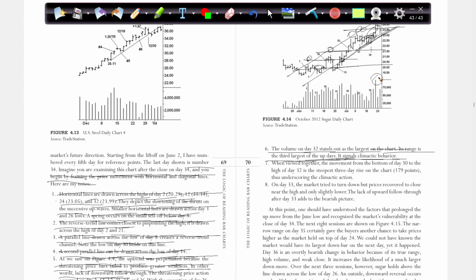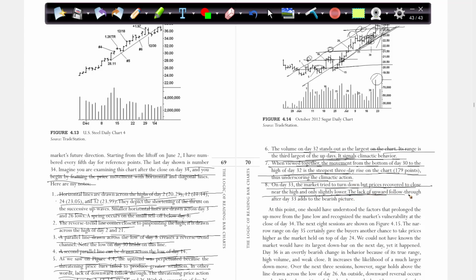When viewed together, the movement from the bottom of day 30 to the high of day 32 is the steepest 3-day rise on the chart, 179 points, thus underscoring the climactic action. On day 33, the market tried to turn down, but prices recovered to close near the high and only slightly lower.